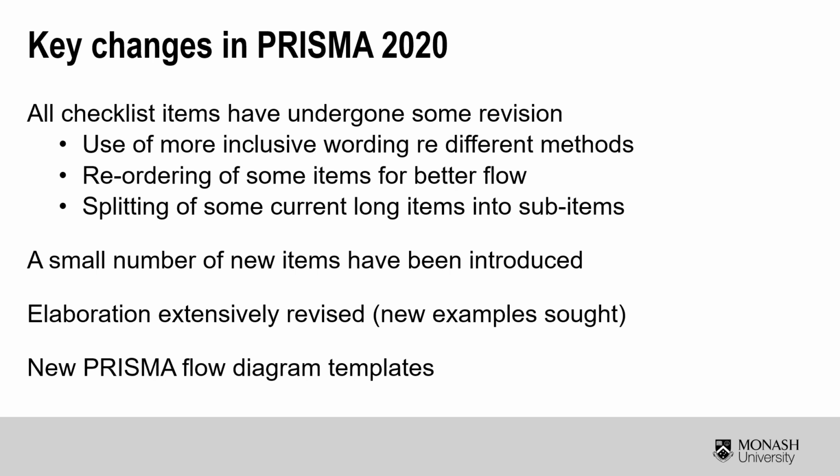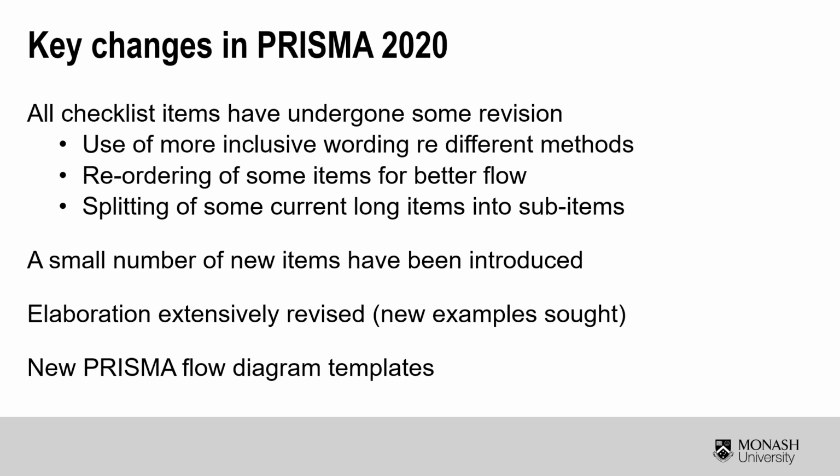And we decided this time, given that a lot of authors were already attempting to use the PRISMA 2009 statement for reviews that were not focusing on the effects of interventions, that we might help them by using broader language, essentially making the guideline more applicable to a range of different review questions.